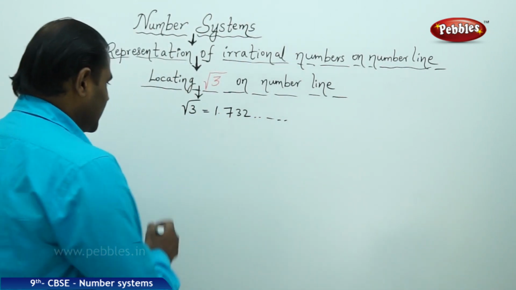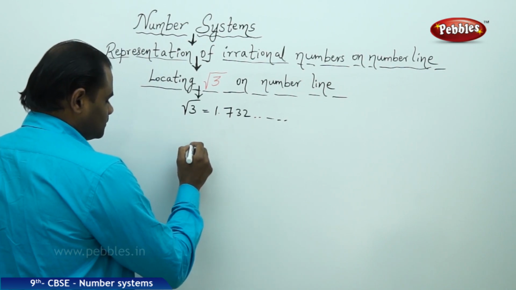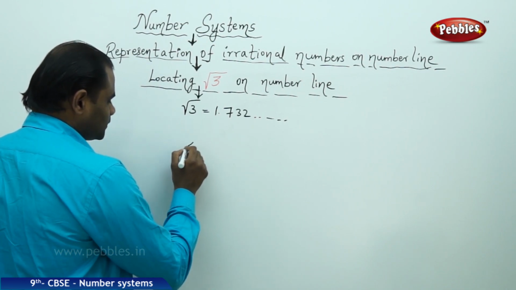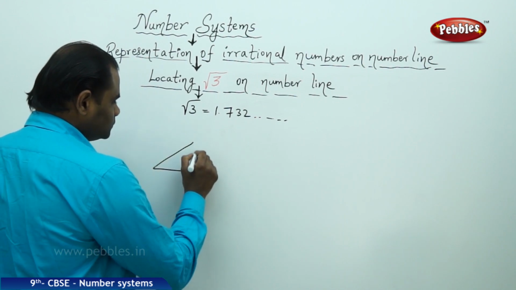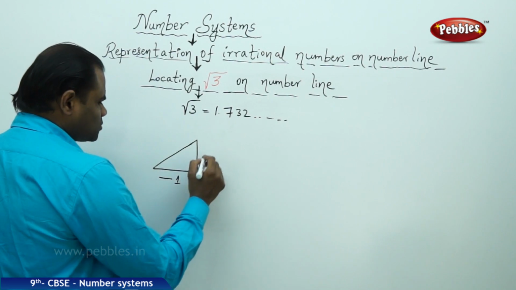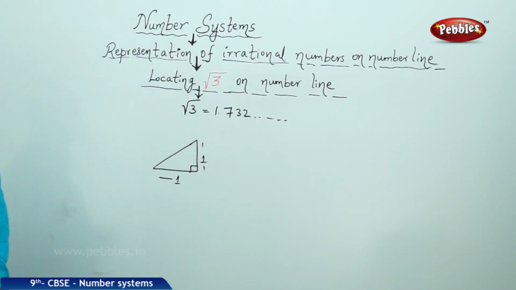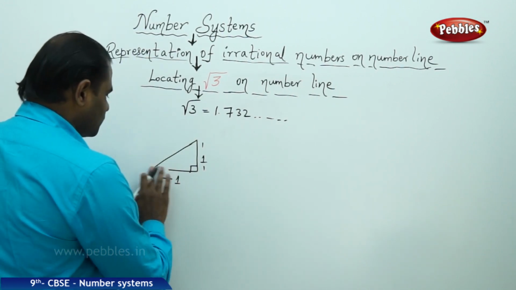So here I take a right angled triangle, an isosceles right angled triangle, 1 unit and 1 unit.